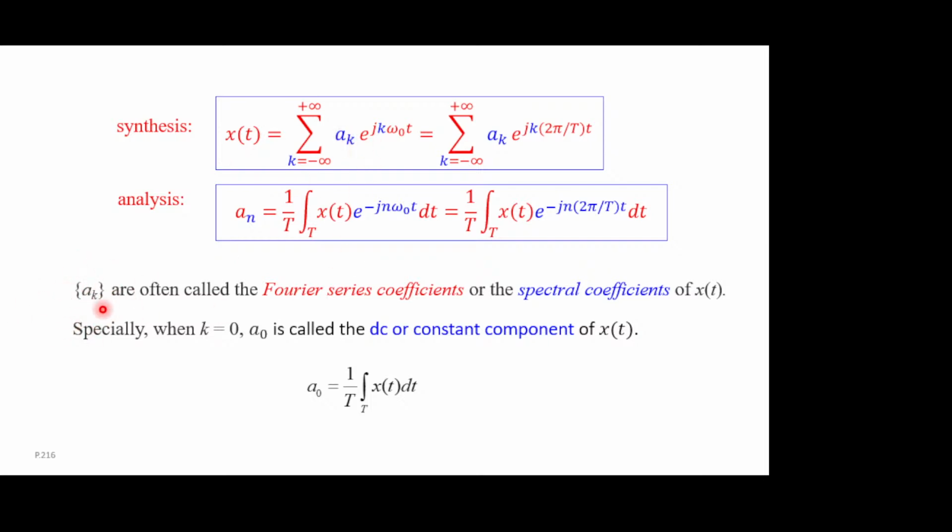If you know all the a_k, then you can calculate x(t) from this equation. And if you know x(t), then you can calculate every a_k from this equation. So you can either express your function in terms of x(t) or in terms of the set of a_k. They are kind of looking at the same signal from different perspectives. And we'll see more examples of this in later parts of the course.